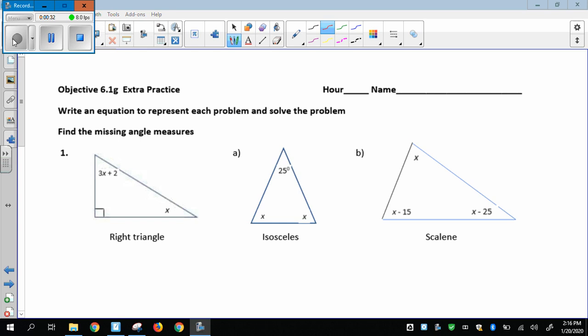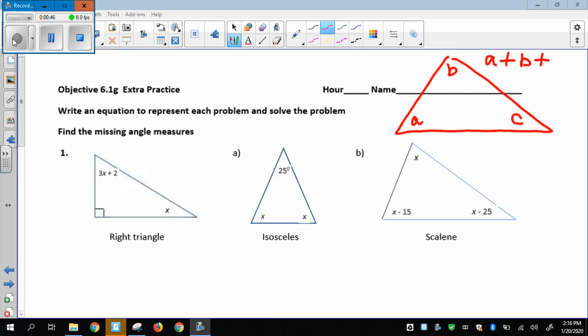Okay, the first problem here deals with missing angles in triangles. What you need to know about triangles is if you have a triangle and say we have angles A, B, and C, it will be true that if you add the three angles up, they're going to equal 180 degrees. So what I'm going to do is write an equation to represent the three angles that I'm adding up to get 180 degrees.